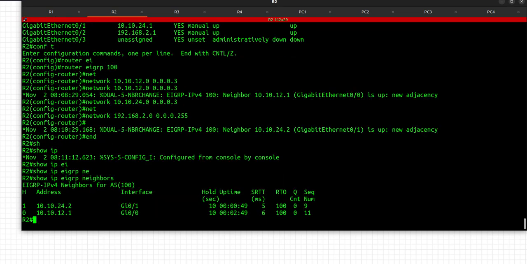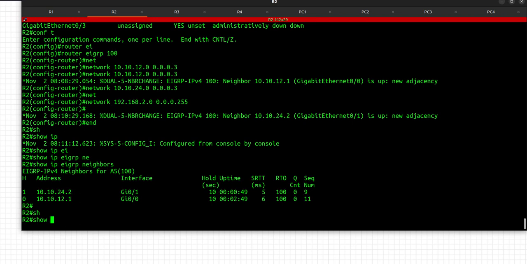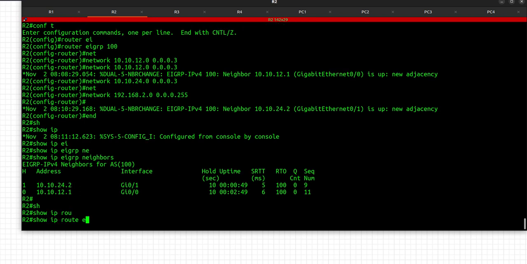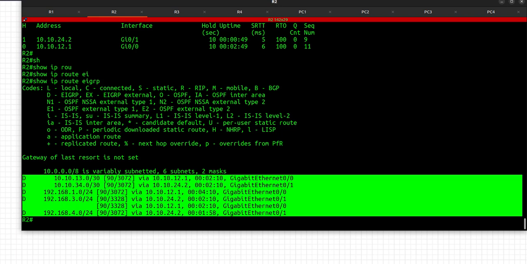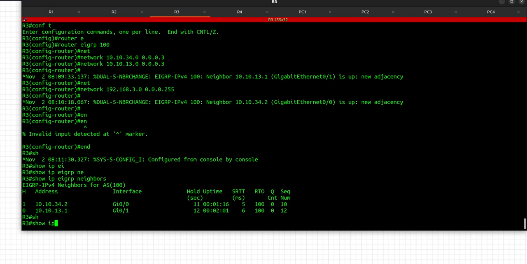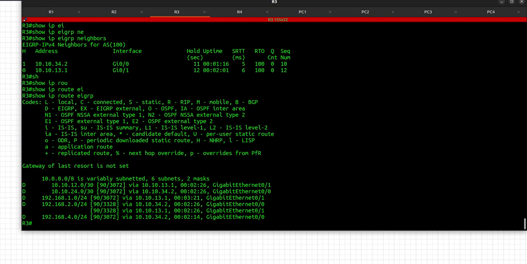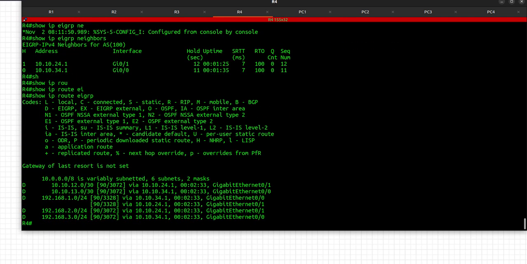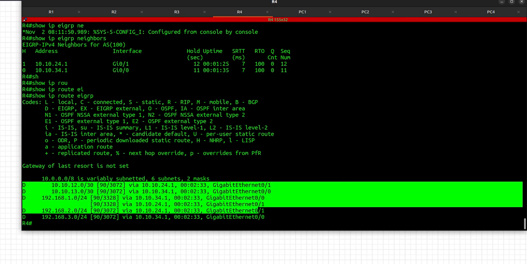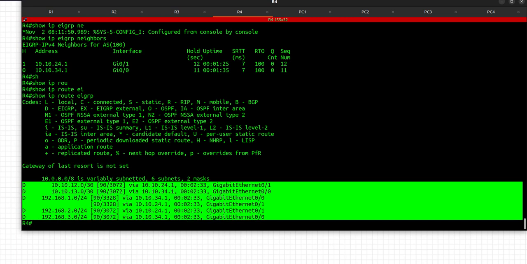Let's verify router 2, show ip route eigrp. Also router 2 has in its routing table the route to the other subnets. The same for R3. And finally, show ip route eigrp on router 4, and it also knows how to reach the other subnets.